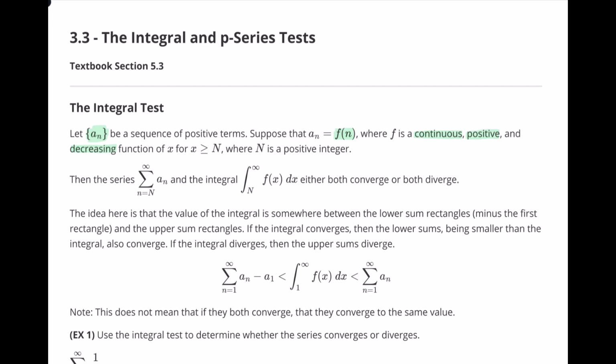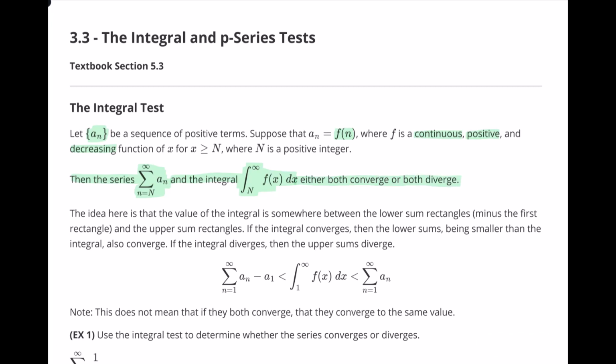All right, now the way this works is that the series from n equals whatever that starting value is to positive infinity, and the integral of that particular function, switched from n to x, but that's okay, it's still the same concept. If you can integrate that function from that starting value to positive infinity, these two results will either both converge or both diverge.